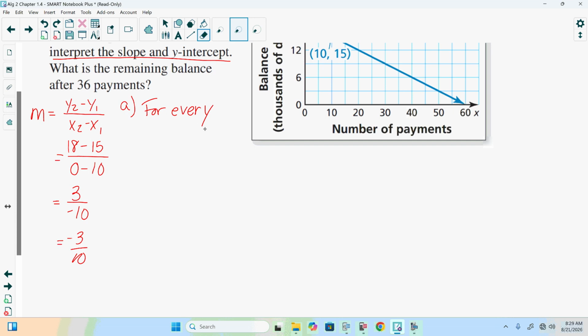So how many payments? Because the bottom number is payments, yes? Or x. So for every 10 payments, the balance does what? Goes down. How much?